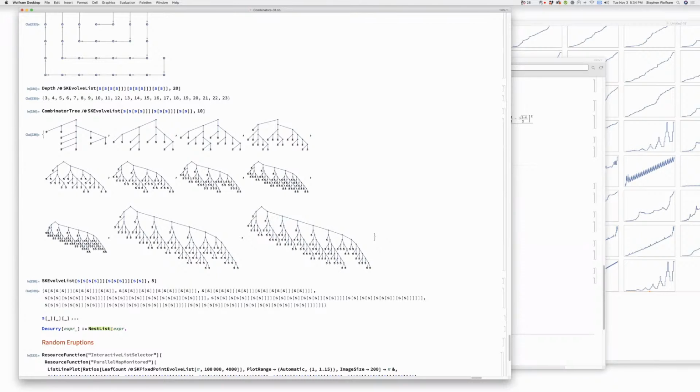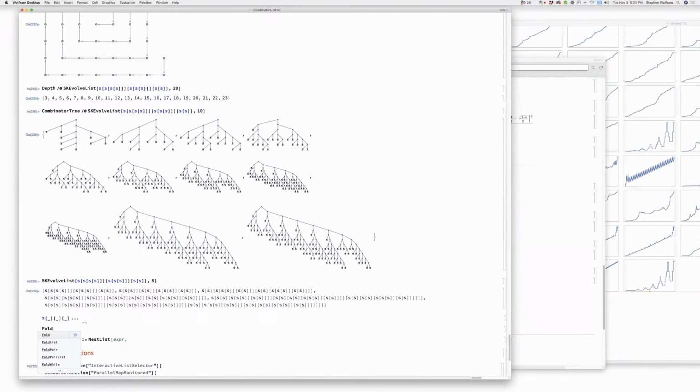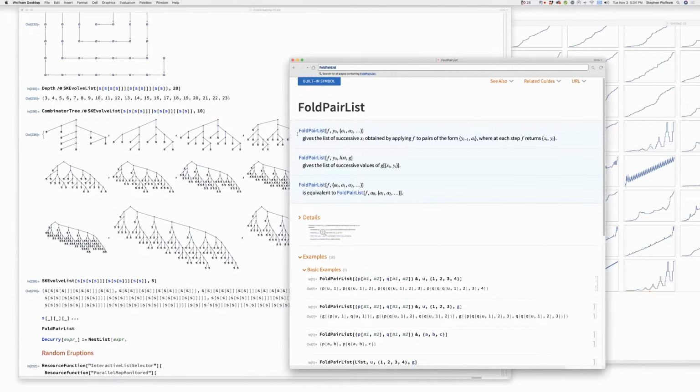Hold on. I think what we're going to want to do is extrude pieces. So at each step, we want to take the first. Actually, I think this is an example of fold pair list, if I'm not mistaken. No, not quite. This is this sequence fold list?